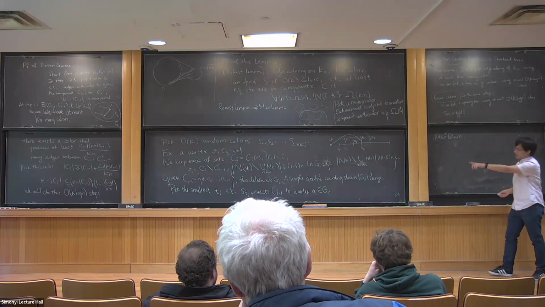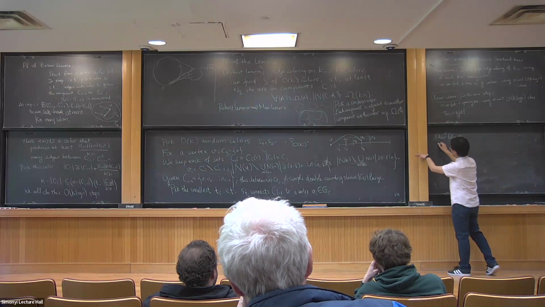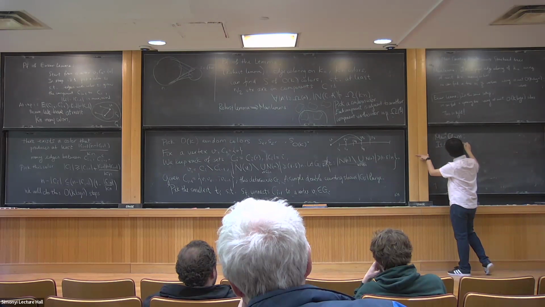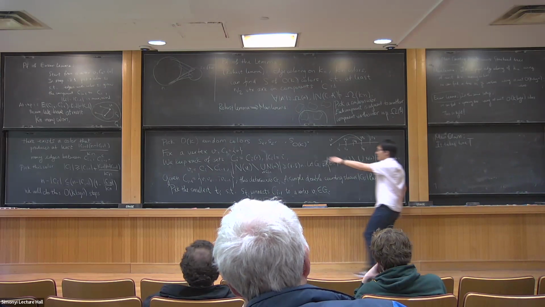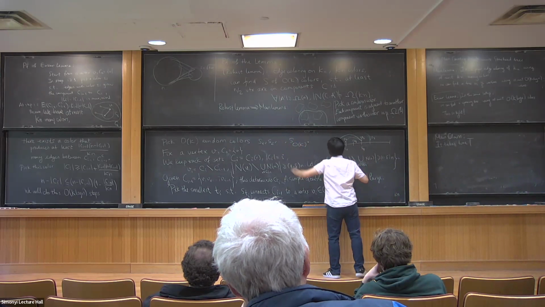So the claim is that, let's say that it takes time big T. So maybe we sample many colors. We just wait until we find something that we want.